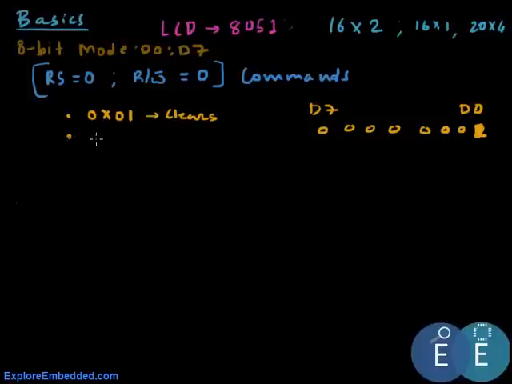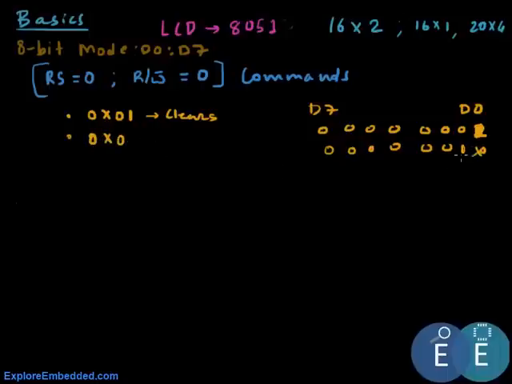And if the next bit is 1, if D1 is 1 and all of this is 0, then it sets the cursor to the first position, and it just takes the cursor from anywhere in the LCD to the home position. So this is command.